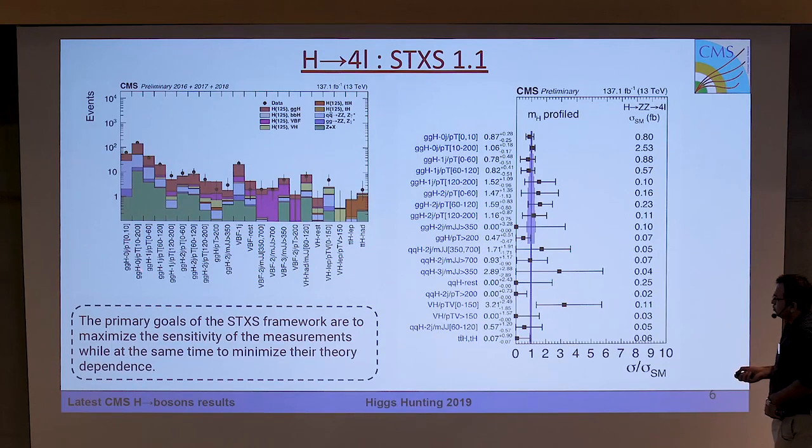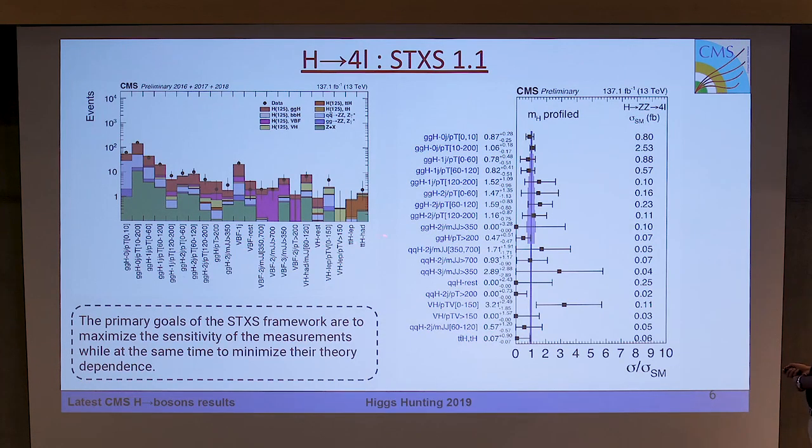So first, the gluon fusion 0 jet. In the Higgs pT, there are bins 0 to 10, 10 to 200, and then you have the 1 jet and the 2 jet bins. Then you have some VBF-like bins in the gluon fusion, and in the VBF category you have 1 jet, and then you also have the VH hadronic and leptonic.